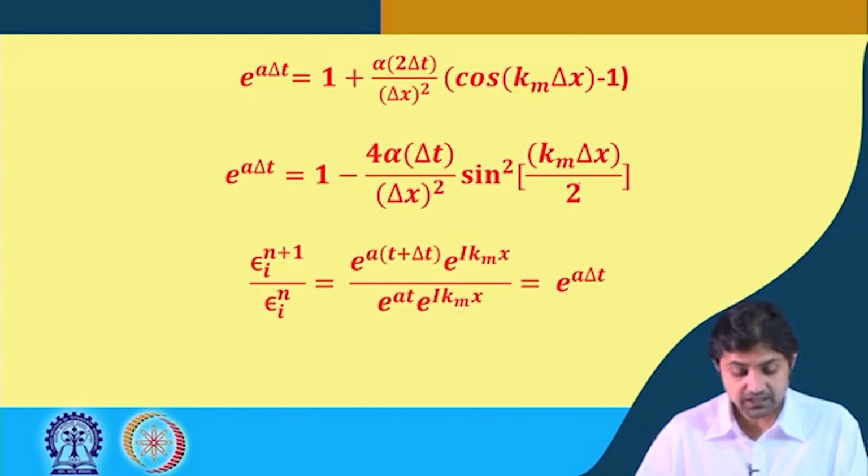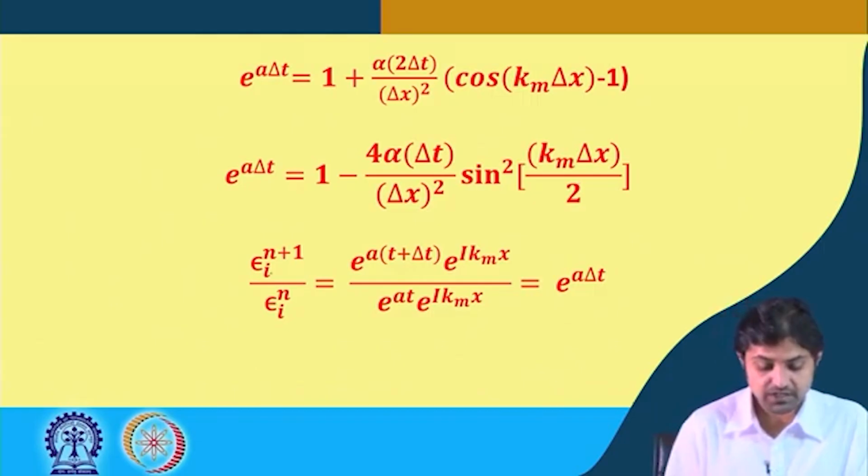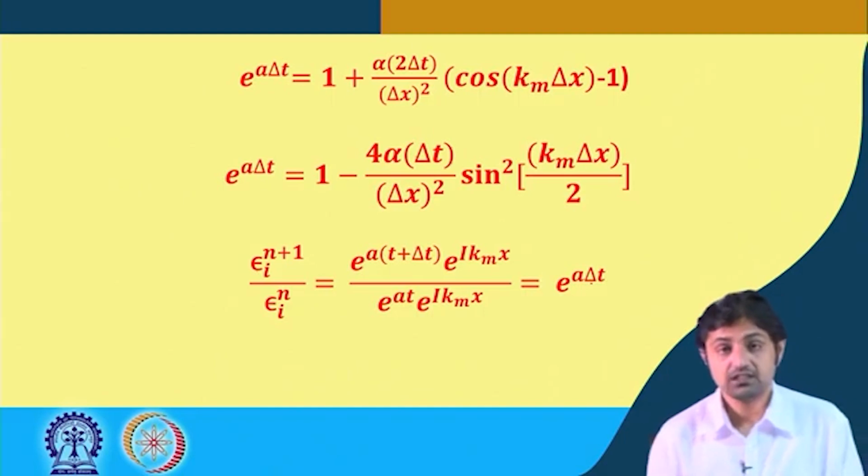Therefore we can write this e to the power n plus 1. We have got e to the power a delta t, therefore this error we can write as e to the power alpha t plus delta t into e to the power I k m x divided by e to the power a t e to the power I k m x is equal to e to the power a delta t.